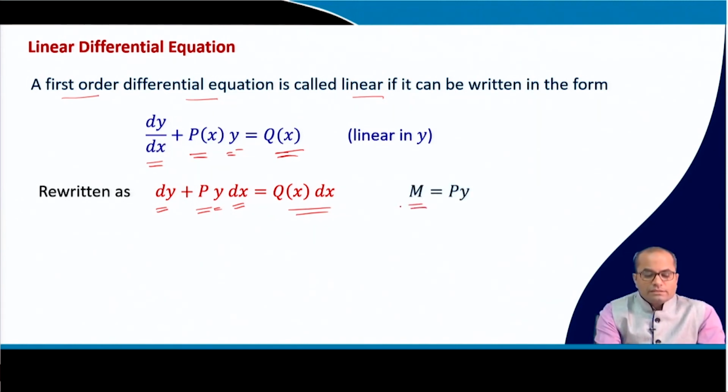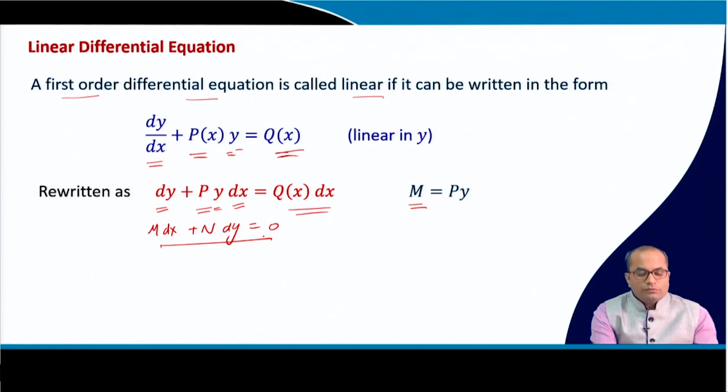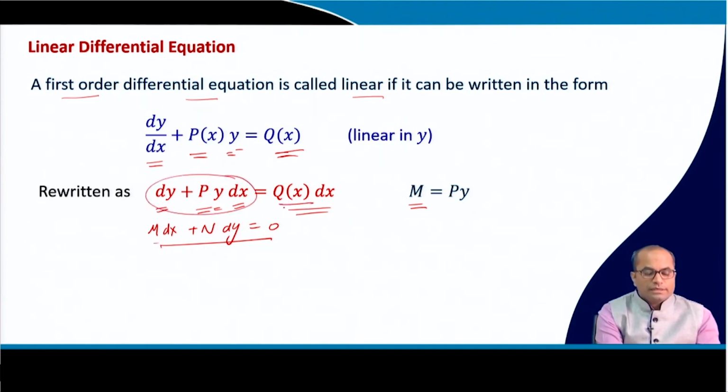In this case, if we compare with the M dx plus N dy equation, only this part we are talking about, the right side is not 0 here; that is q(x) dx in this case. If we compare, then M is p y and N is 1.